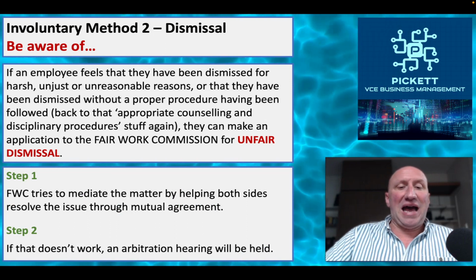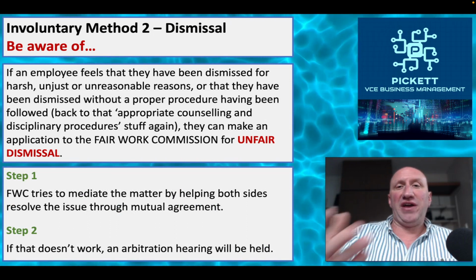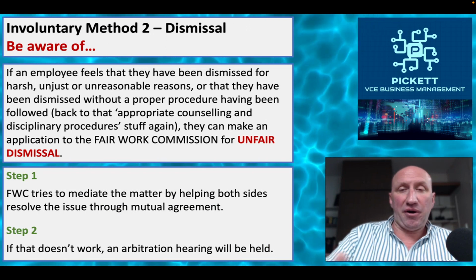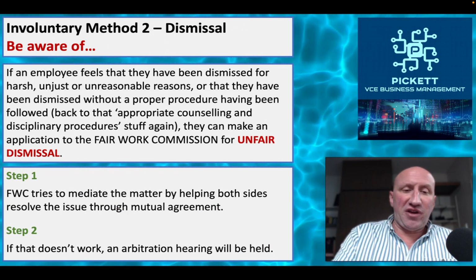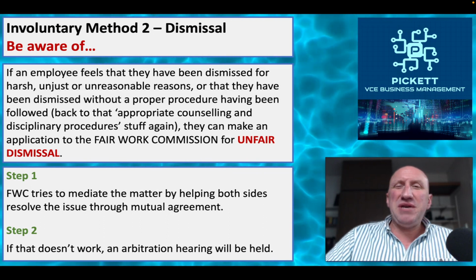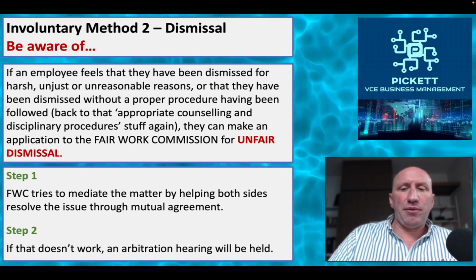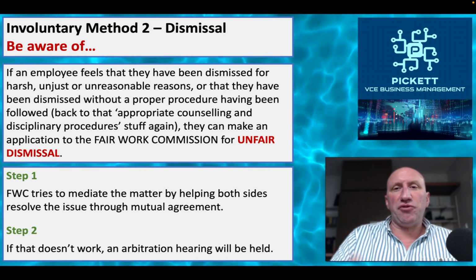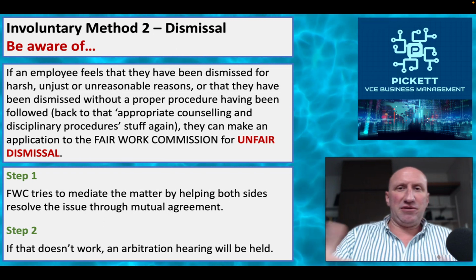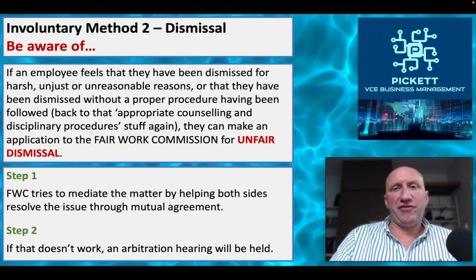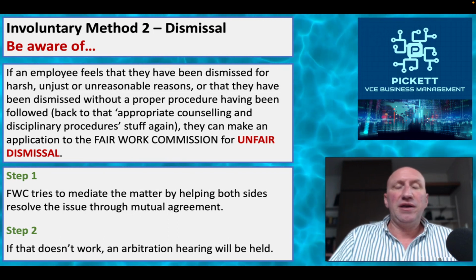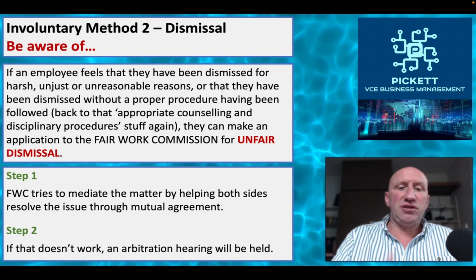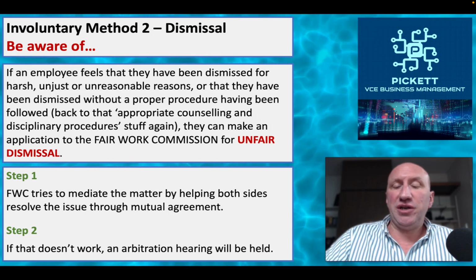So if an unfair dismissal claim is made by an employee who has been dismissed, first off, the Fair Work Commission tries to mediate the whole thing by helping both sides to resolve the issue through a mutual agreement. So they bring both sides together, you talk about it, and hopefully you would just resolve it mutually without things going any further. Step two, if that mediation does not work, then an arbitration hearing happens.